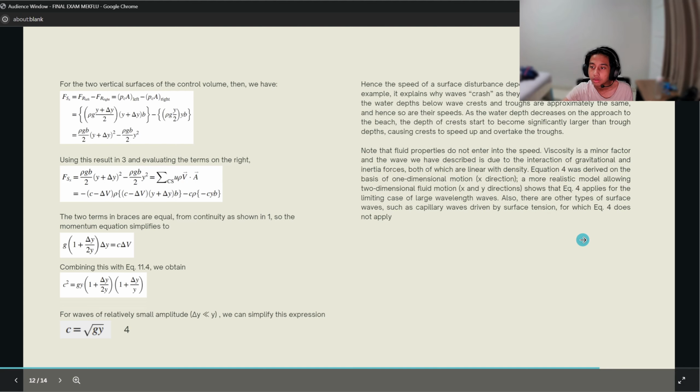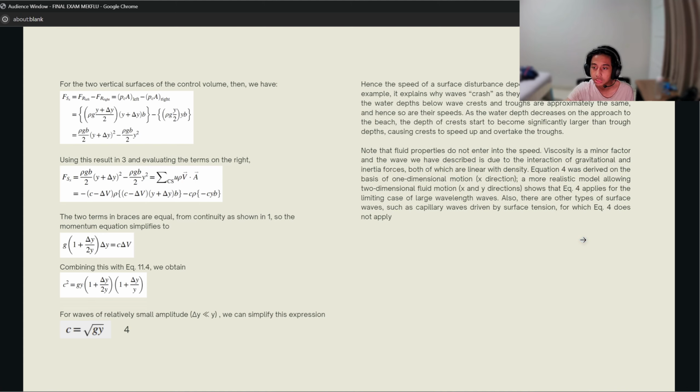Equation 4 was derived on the basis of one-dimensional motion in the x direction. A realistic model allows two-dimensional fluid motion in the x and y directions, so equation 4 applies for the limiting case of large wavelength waves.